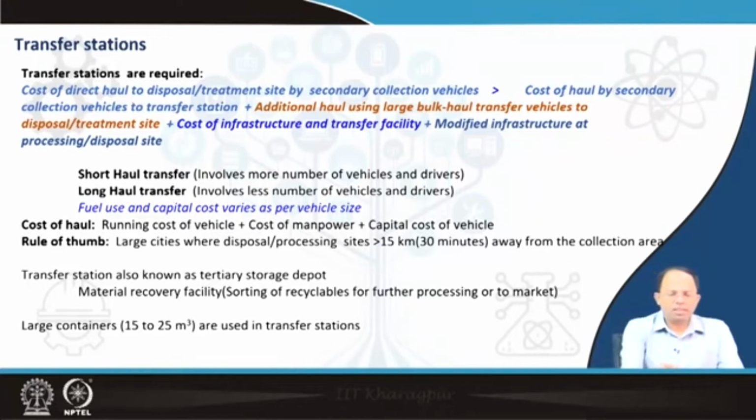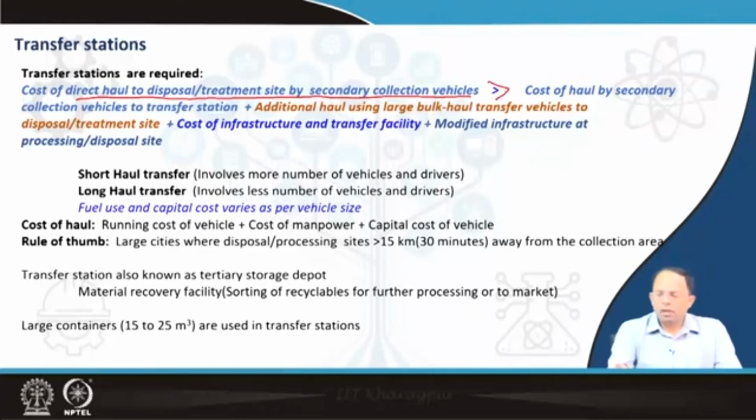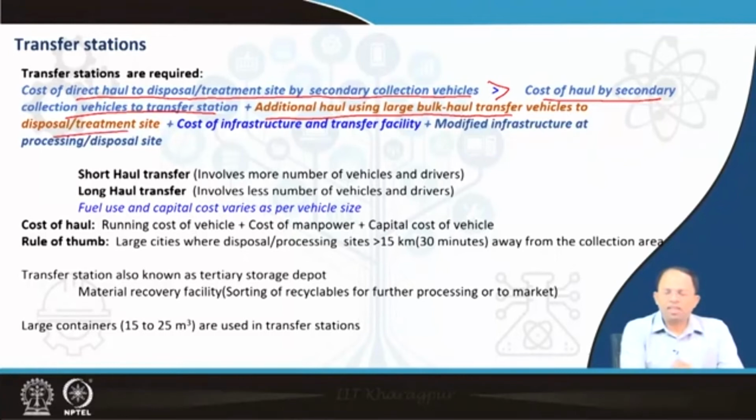So transfer stations are required when the cost of direct haul to the disposal or treatment site by secondary collection vehicles is greater than the cost of haul by secondary collection vehicles to the transfer station, because the alternative is we have to use these vehicles to carry it first to a transfer station, plus additional haul using large bulk haul transfer vehicles to the disposal and treatment site.